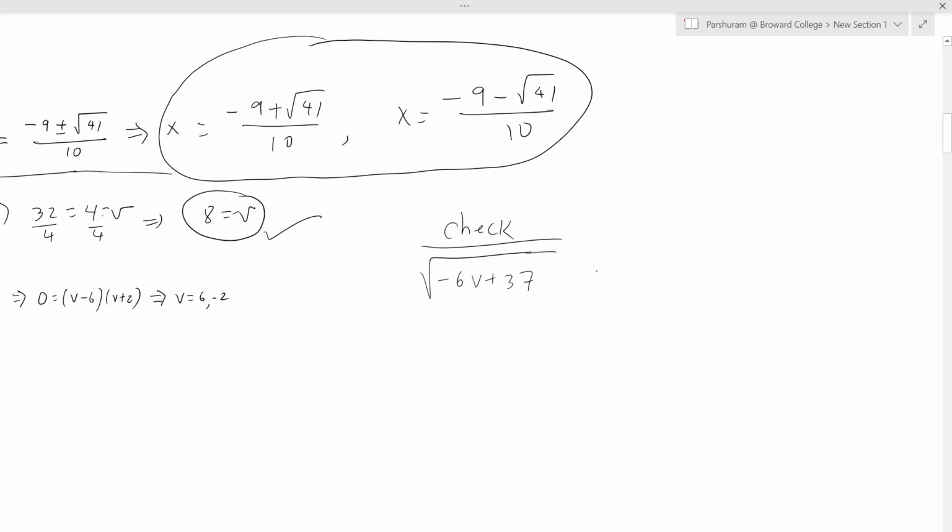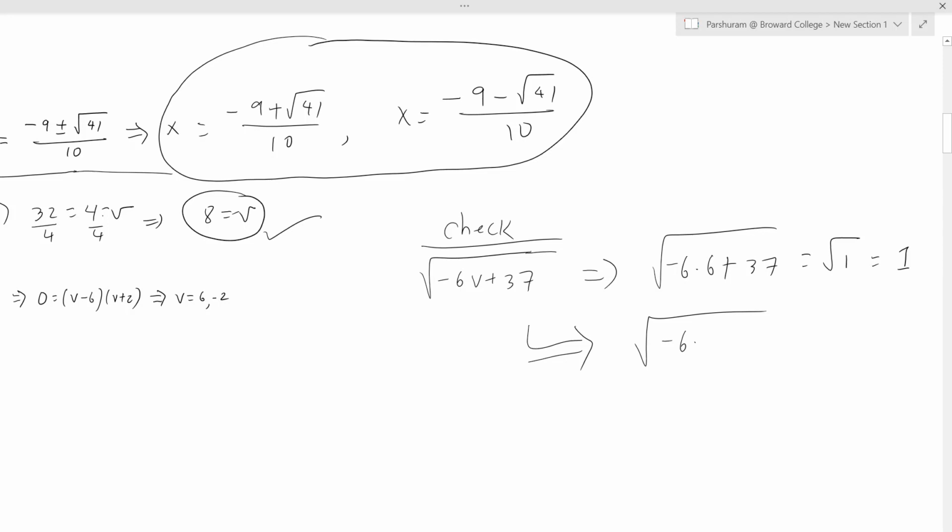So I'm going to put 6 first. Negative 6 times 6 plus 37 is actually the square root of 1, which is 1. So that means that is a valid solution. 6 is the valid solution. But what happens if I put negative 2?